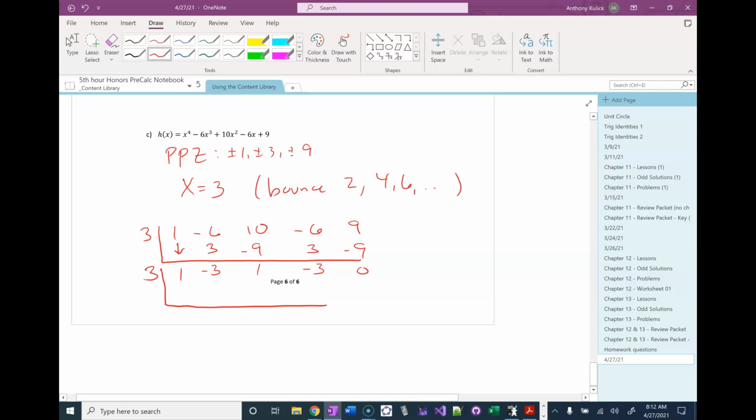But I wanted to point out when you see 1, 3, 1, 3 like that, that's something you could factor by grouping if you wanted to stop there, but you don't have to.